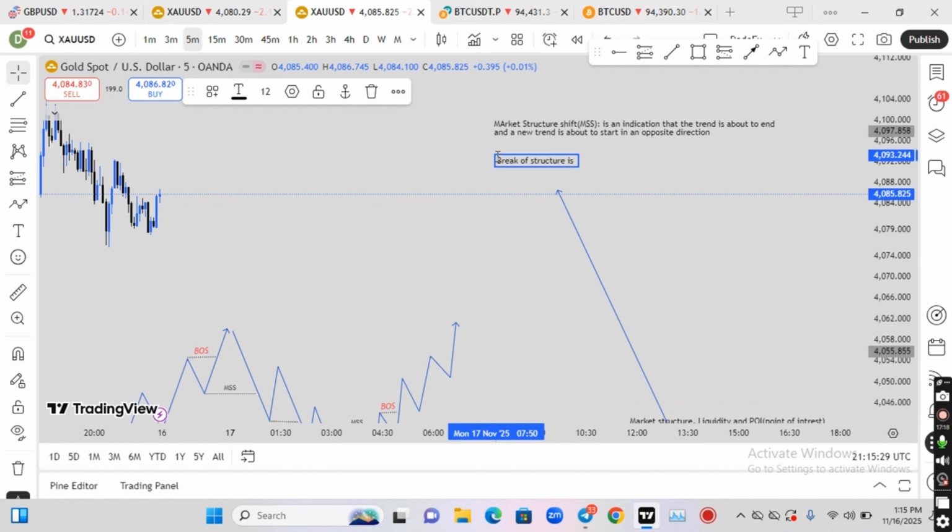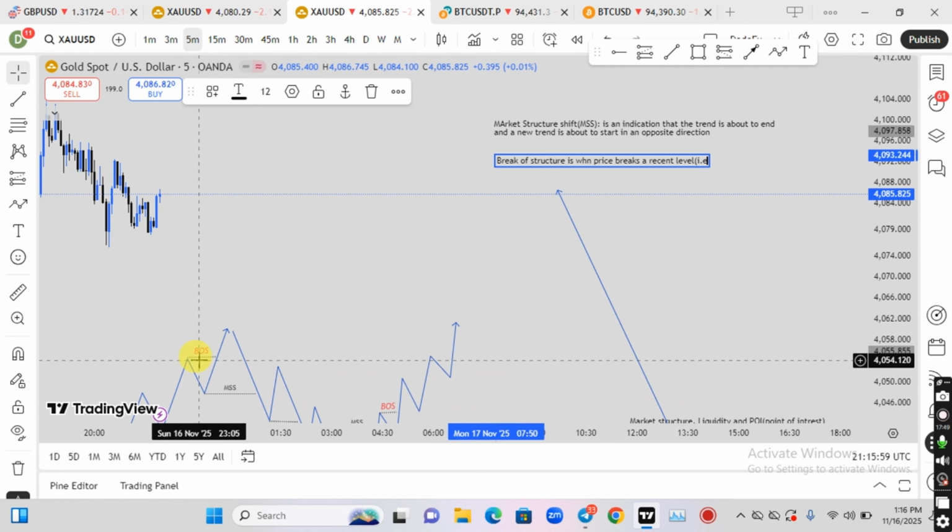Break of structure is when price breaks a recent key level. Understand the key level. When price breaks a recent level, that level can be a support level or resistance level, right?